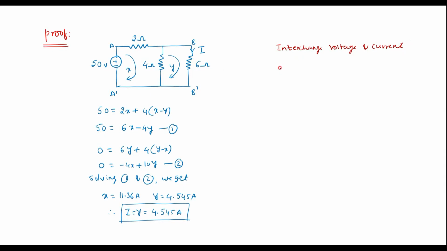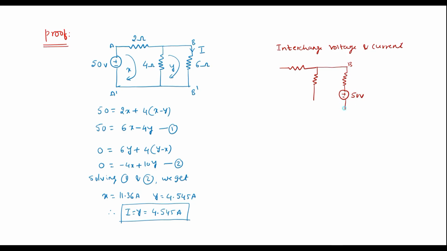Now I will draw the same circuit. So this is my B dash branch. Here I supposed to connect the voltage source in series with resistor with same polarity, plus minus.